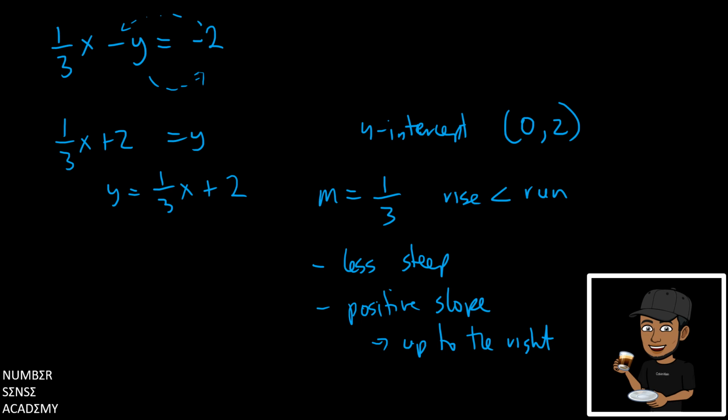All right, look at another example. So if I have negative 3x minus 2y equals 9, I'm going to convert to slope-intercept form. So I end up with, I'm going to bring this over here and bring that over there.